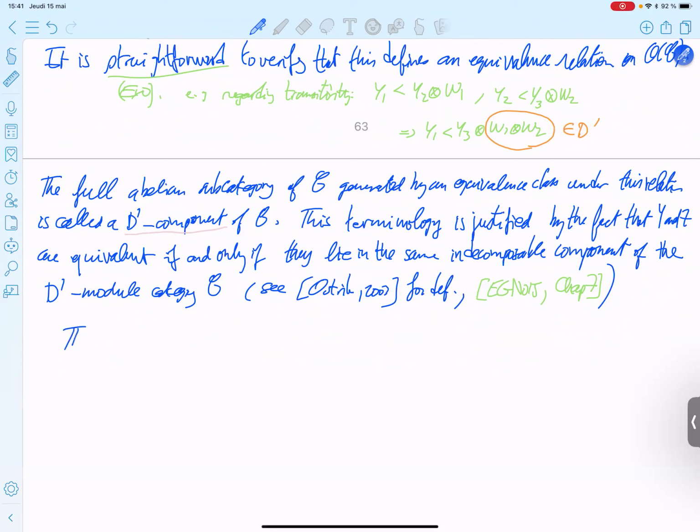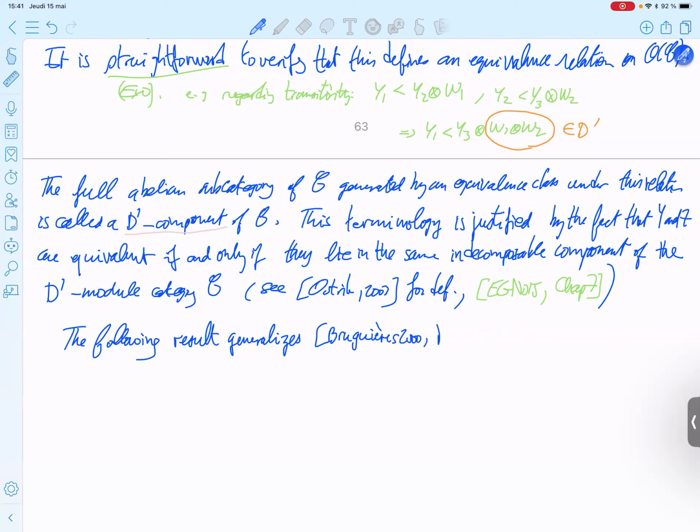So the following result generalizes Bruguière 2000 theorem 3.1 and Neuger 2003 theorem 3.2.